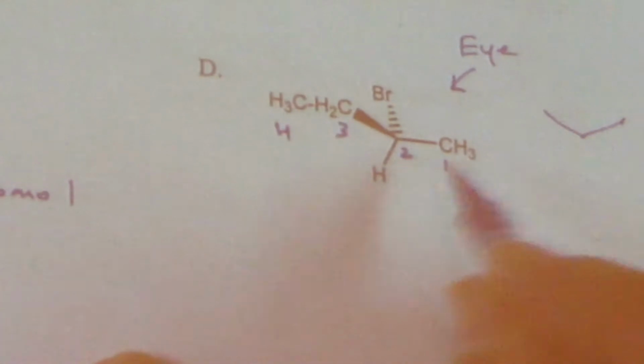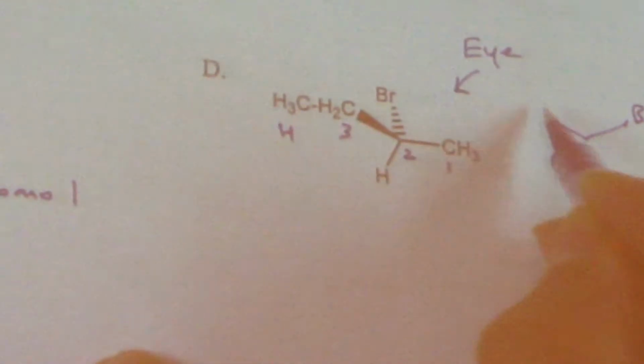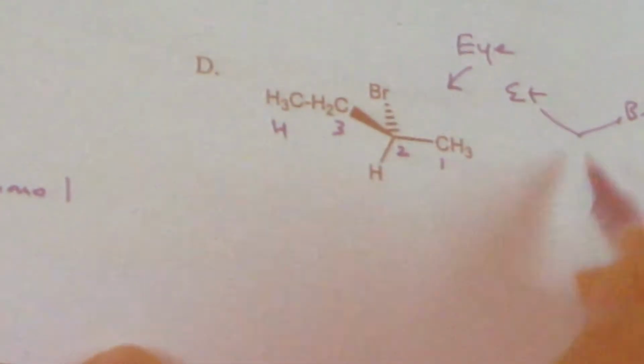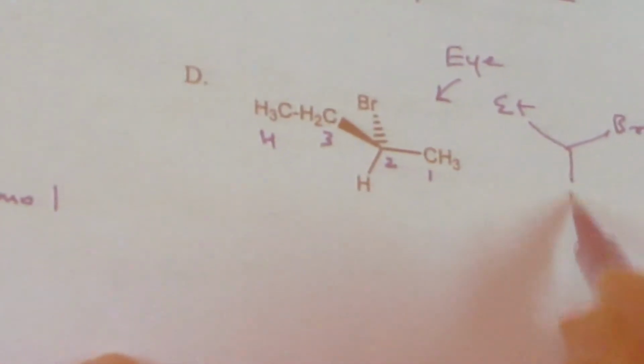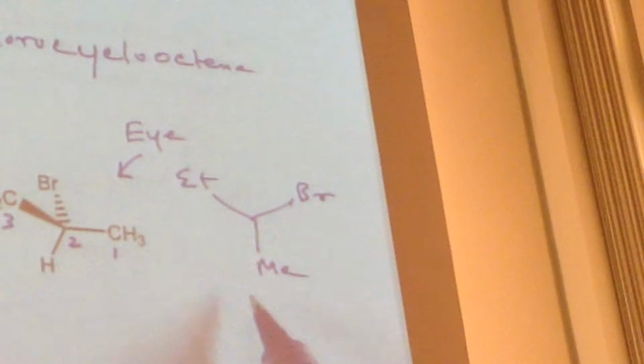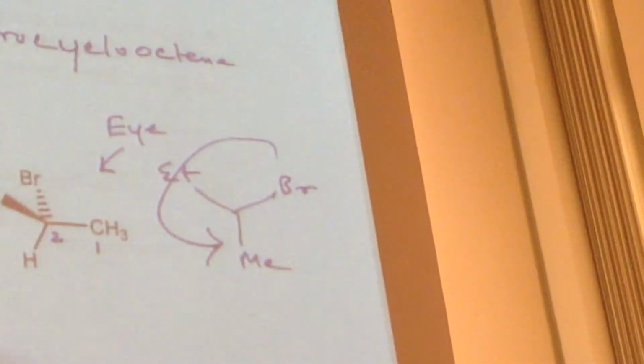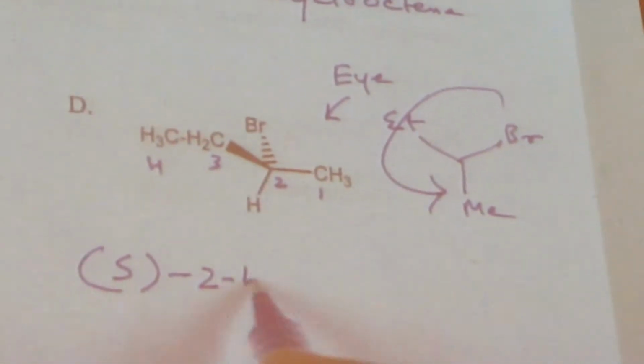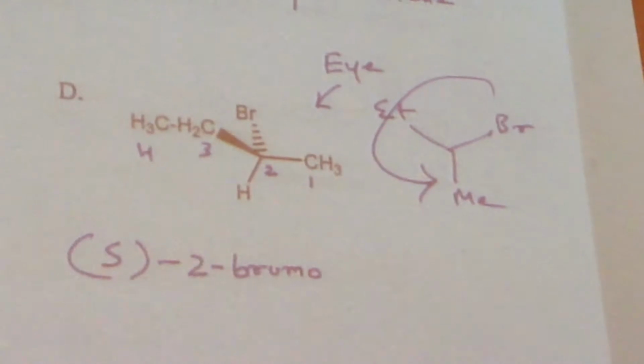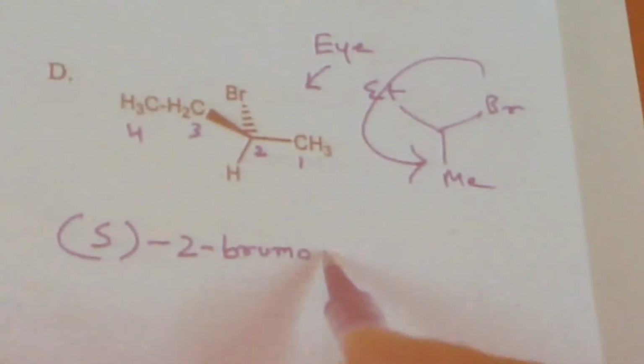And so we are going to see on the right side bromine, left side is the ethyl group, and the bottom one is the methyl group, right? So it's bromine to ethyl to methyl, so counterclockwise. Therefore, this is S. 2-bromobutane.